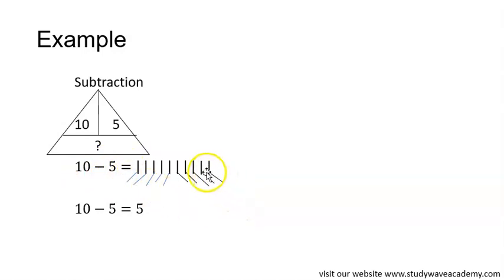We go 1, 2, 3, 4, 5. We have taken away 5 strokes. So what do we do next? We count the remaining, right? We start from the side to count the remaining. Let's count. 1, 2, 3, 4, 5. So we have 5 strokes left. So 10 minus 5 is equal to 5.